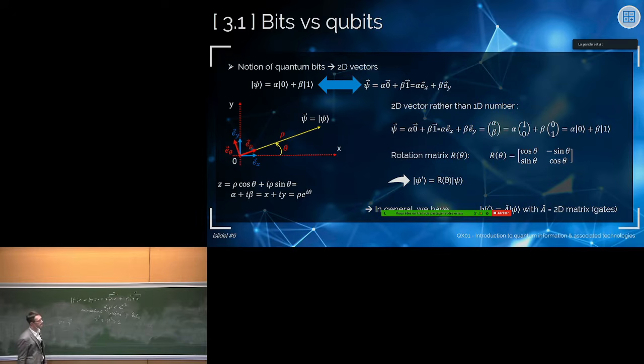We could write it like this, and like any vectors in the standard Euclidean coordinates, any vector can be seen as a linear combination of the two vectors in the plane.